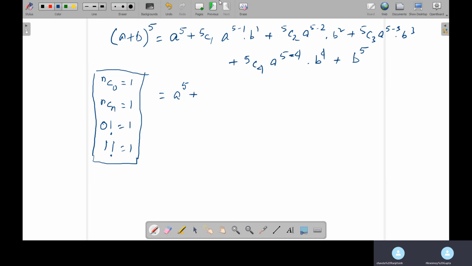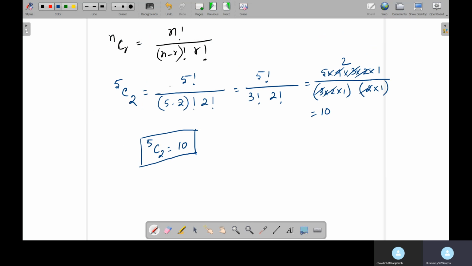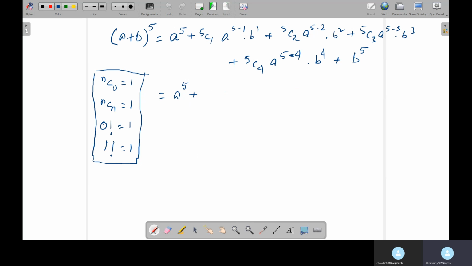Now 5C1, if you use the method of 5C2, you will get 5 a to the power 4 b to the power 1. 5C2 you have already done, it is 10 a to the power 3 b to the power 2, and 5C3 is also 10, so 10 a to the power 2 b to the power 3.